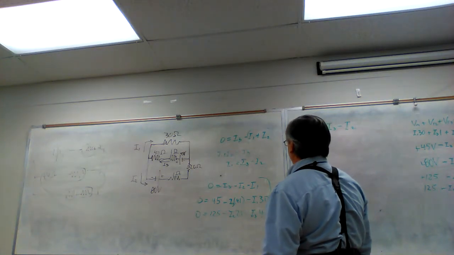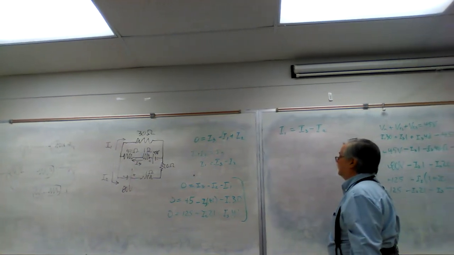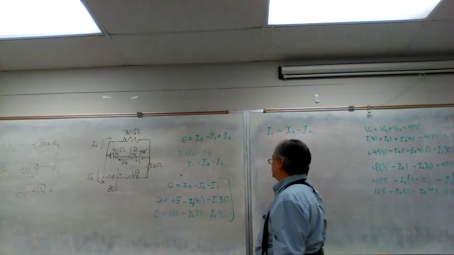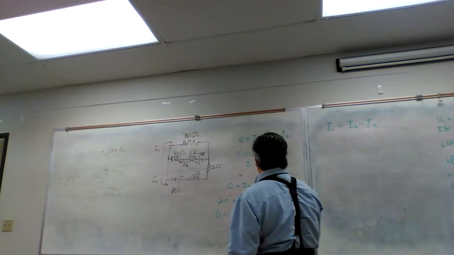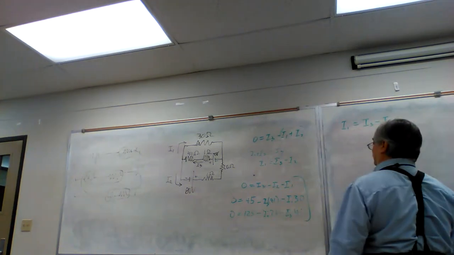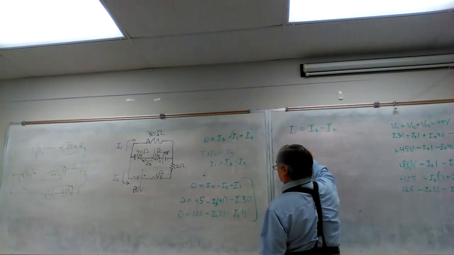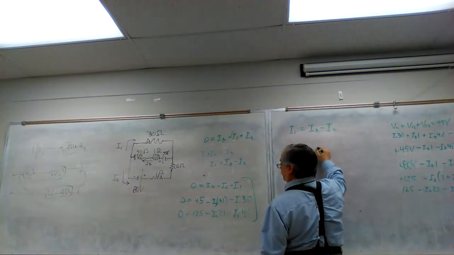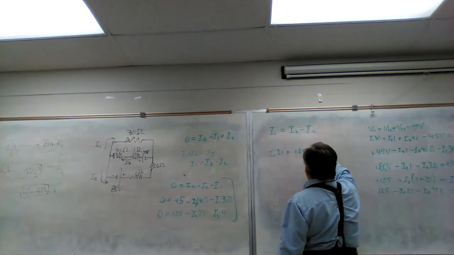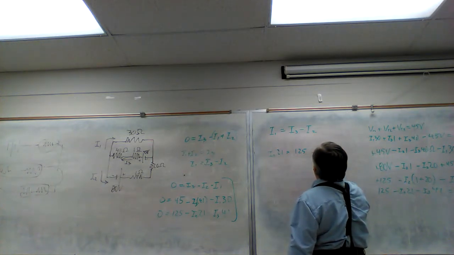Well, let's see here. We solved one for I1. We could solve this one for I2 by adding: I2 times 21 is equal to 125 minus I3 times 41.